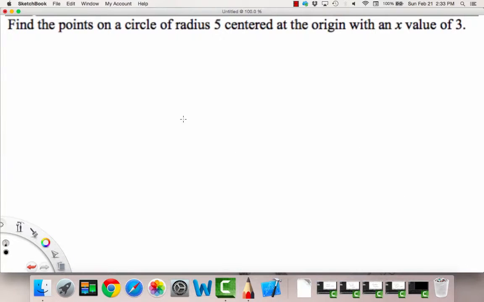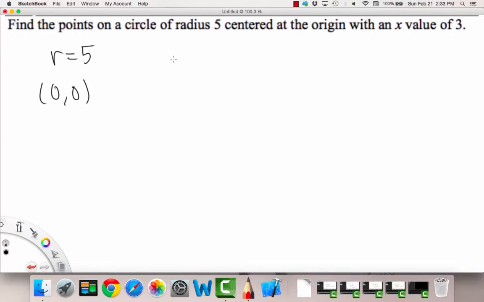Alright, so let's see an example of what I was trying to say on the last slide. It says find the points on a circle of radius 5 centered at the origin with an x value of 3. So we have a radius of 5, so r is equal to 5. And origin just means the point (0, 0), so h is 0, k is 0.